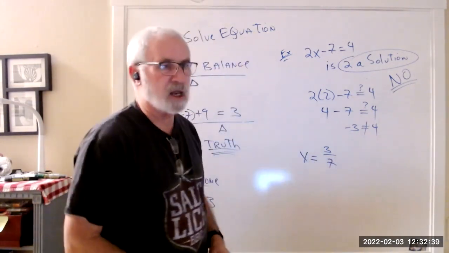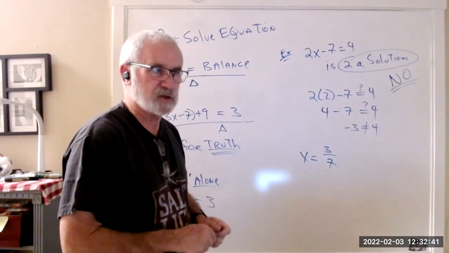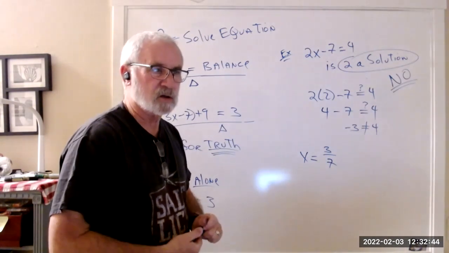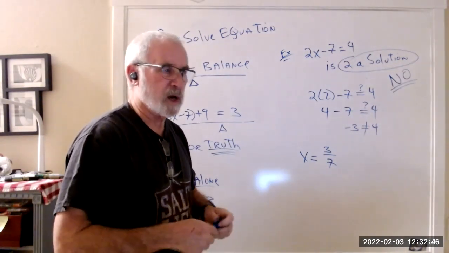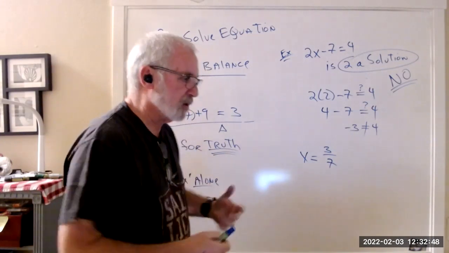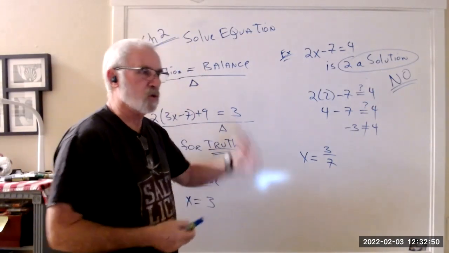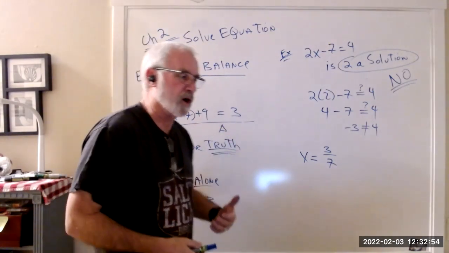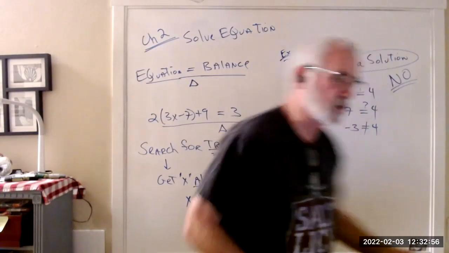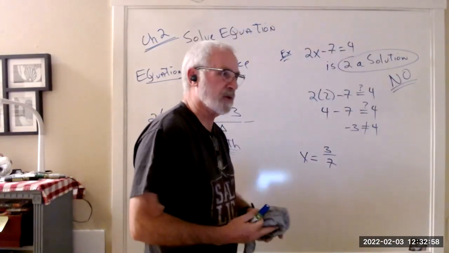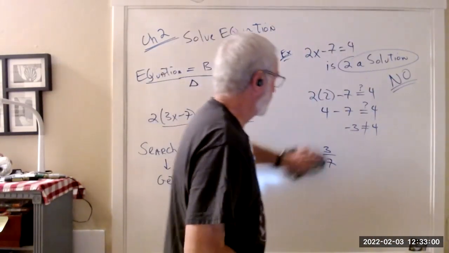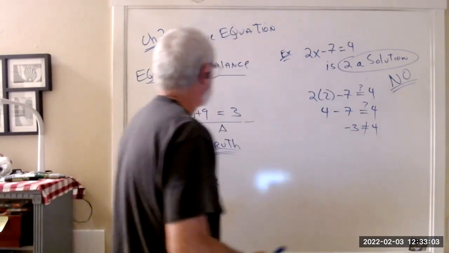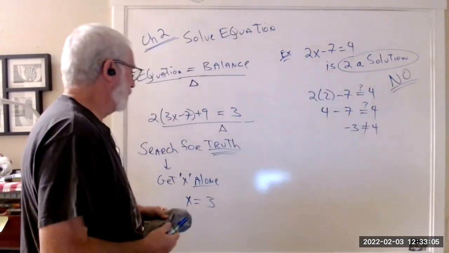You'd guess all day before you came up with 3/7 as a guess. So when I build test questions, I build them to make sure that you understand what the steps are, what the rules are, and that you can't just guess randomly at something and maybe get it right.